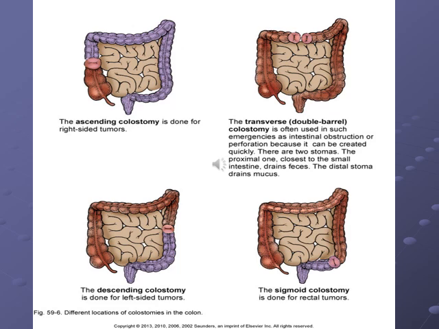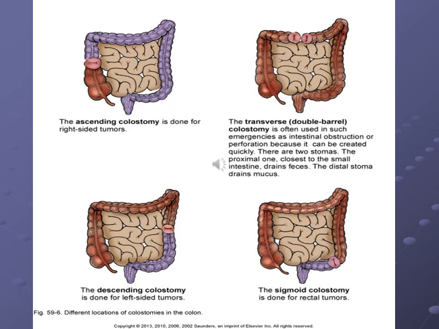To the left of that, we have the descending colostomy. Again, all of that shaded purple has been removed. It's a little bit higher up, but again, we would expect it to be semi-formed in that area because we have a lot of the large intestine still intact to be able to reabsorb the water.